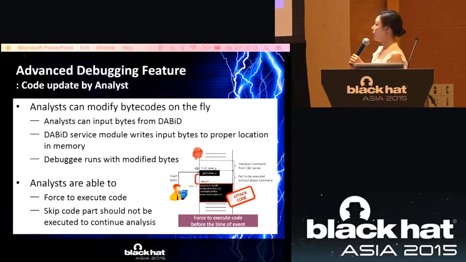So analysts are able to force execution of code by inserting goto instructions, and can also skip code parts by inserting nop instructions, for code which should not be executed to continue analysis, such as code disrupting the debugger or sending information to a command and control server.